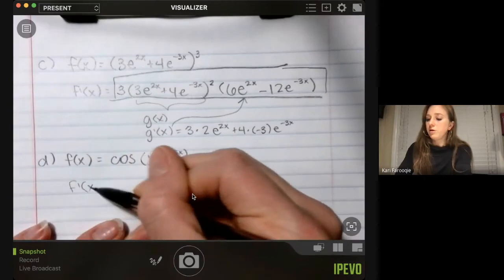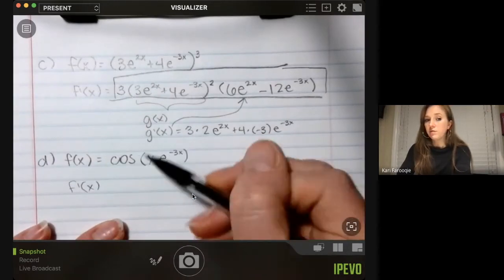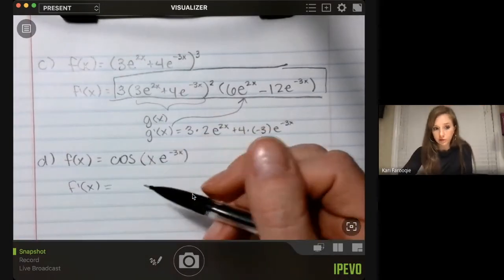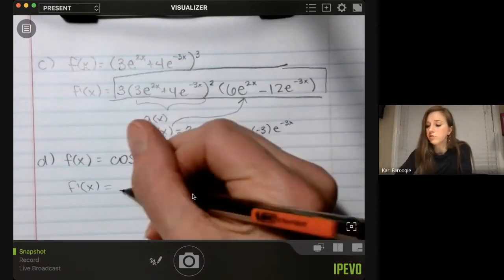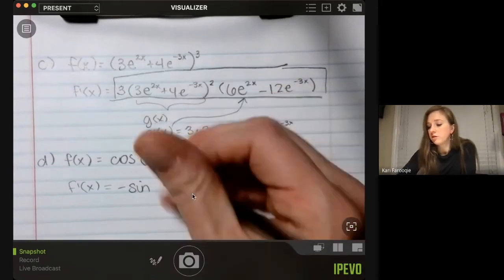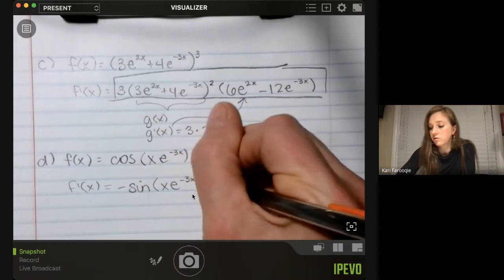Okay, but clearly I hope we can see that we have a main trig function and then we have an inside function. So when we take the derivative of the cosine of x, we get negative sine x. We're going to start out the same way. The derivative of cosine x e to the negative 3x is going to start out negative sine x e to the negative 3x.